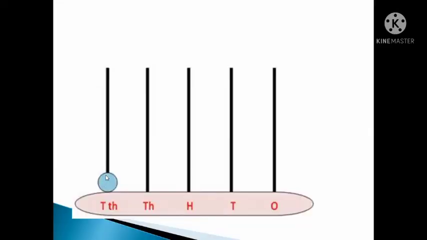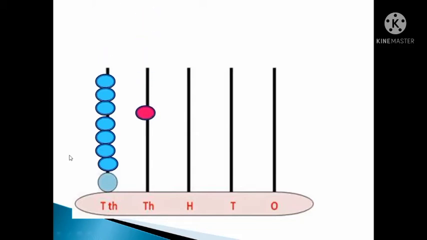Bead in 10,000 place. In the other strings we don't have any beads, so we have to take it as 0. So 10,000, 20,000, 30,000, 40,000, 50,000, 60,000, 70,000, 80,000. Here I have added a bead in thousands.